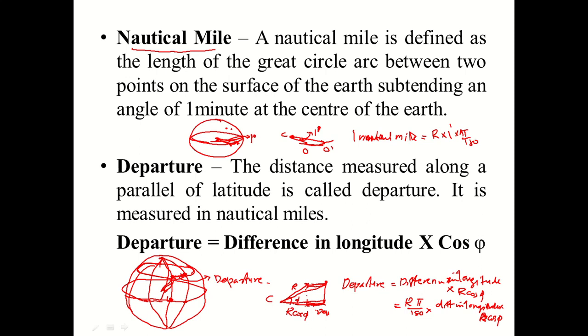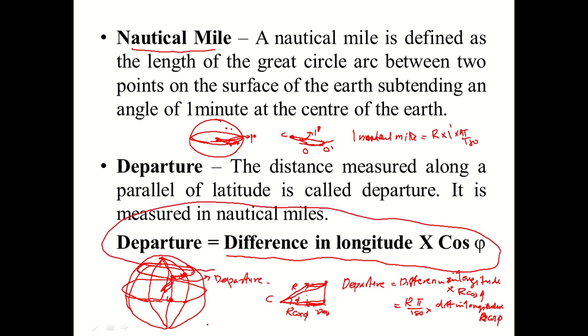From this definition, r into pi by 180 is 1 nautical mile, so departure can be written in terms of the nautical mile as difference in longitude into cos phi, where phi is the latitude at that place. So difference in longitude into cos phi will give you the departure at a place.